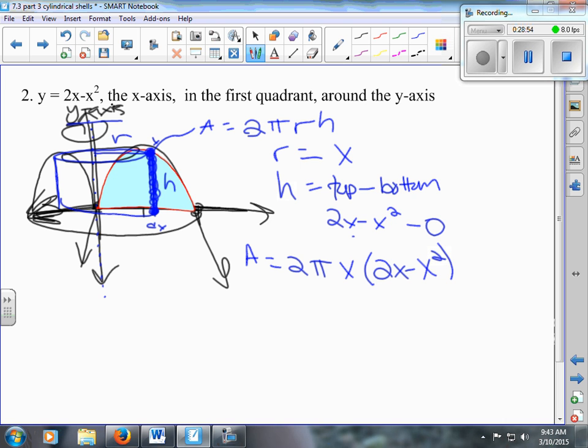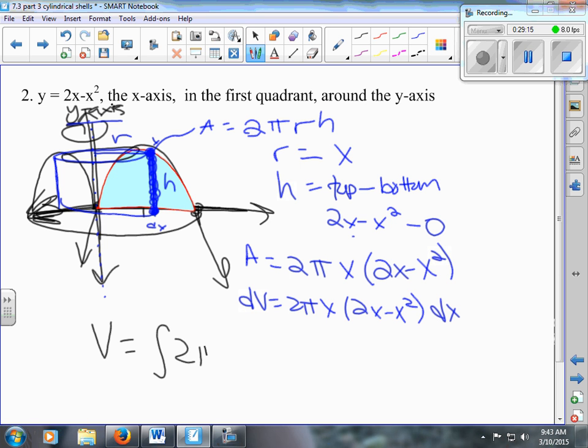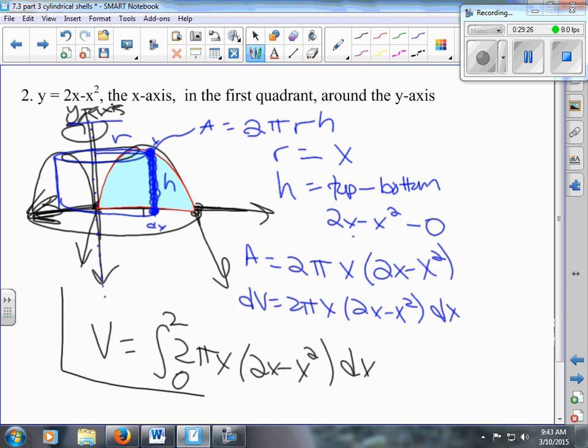So that works to making this little bit of volume if I multiply the area by dx. And so for my total volume, I should add these all up. But for which x values should I be doing this? For which x values am I rotating these areas? 0 to 2. Done.